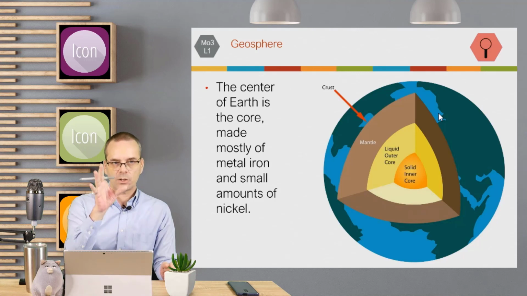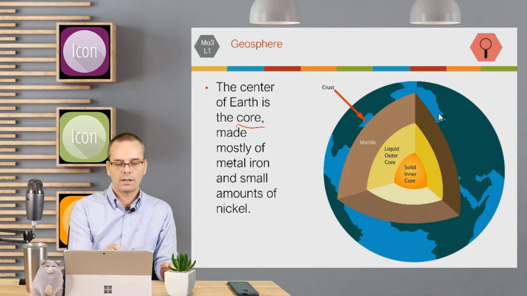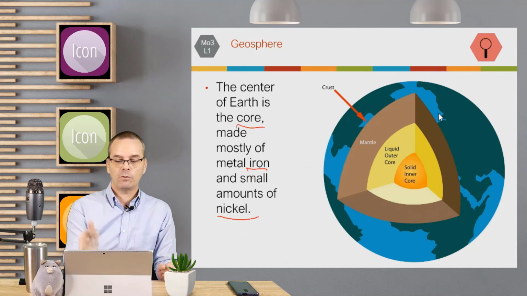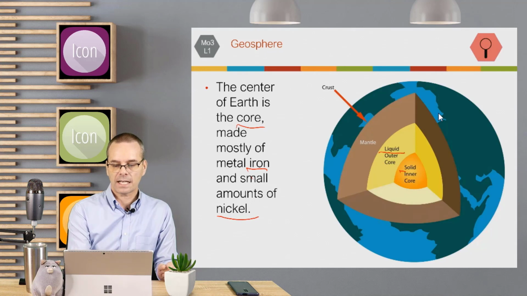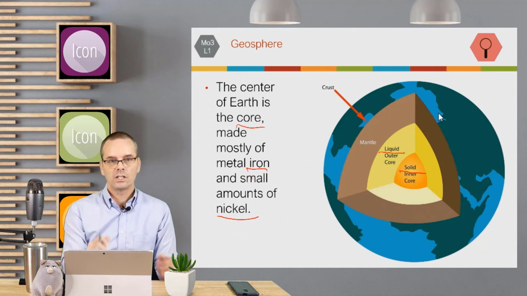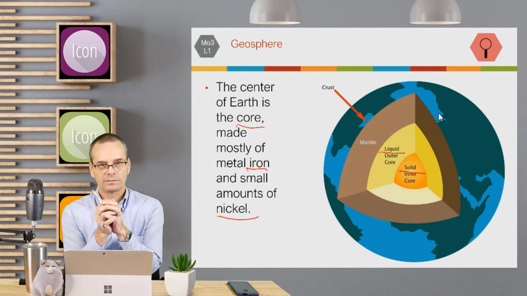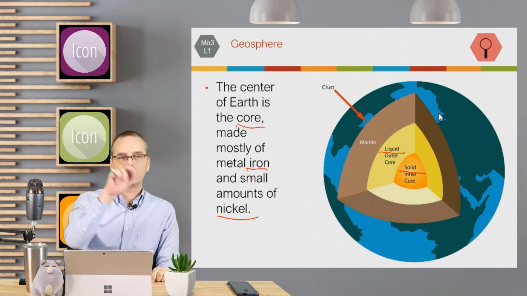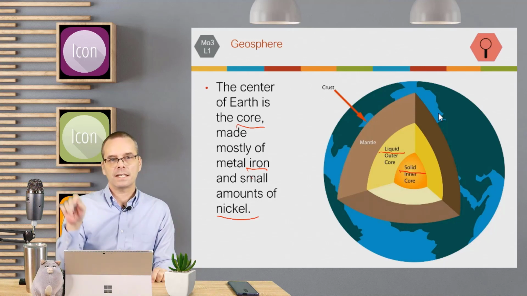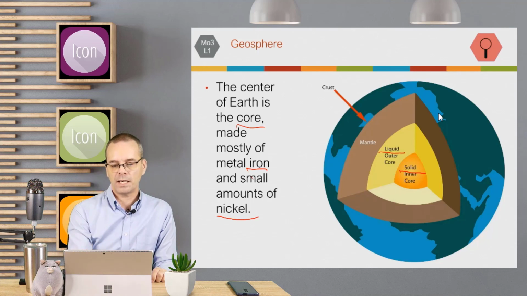And then in the center of the Earth, we call it the core. Now, this is mostly iron and nickel in liquid form and solid form. All right? So you have a solid iron core, and then you have the melted one in the center spinning around the solid part of it.